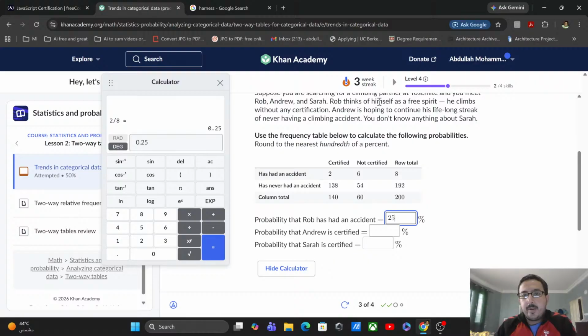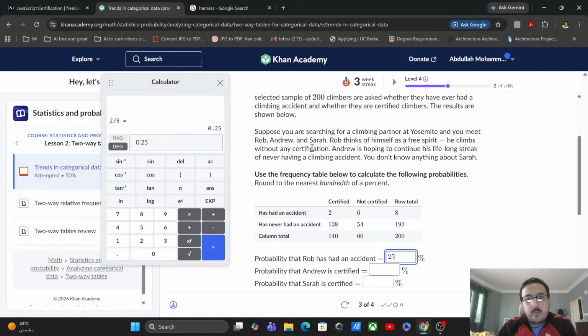Is this separate from this? Because before it was separate. Suppose you are searching for a climbing partner. You meet Rob, Andrew, and Sarah. Rob thinks of himself as a free spirit. He climbs without any certification. Okay, Rob has no certification.